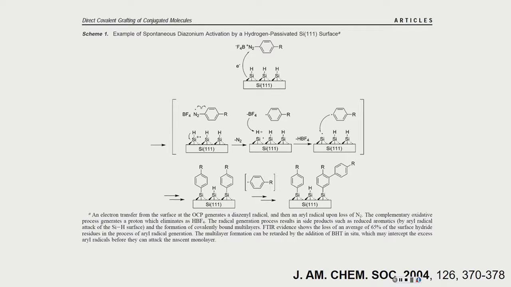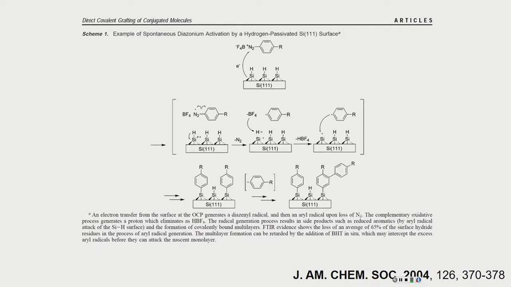And this diazonium cation is now a radical. Since it is a radical, it is very reactive. So we see the breaking of the nitrogen and carbon bond. In this way, we have a complete N2 molecule, and we also have a phenyl radical. And on the surface, this hydrogen can become a proton.